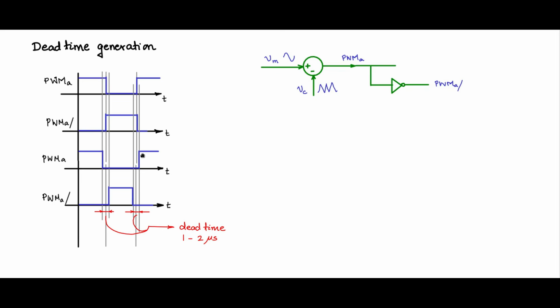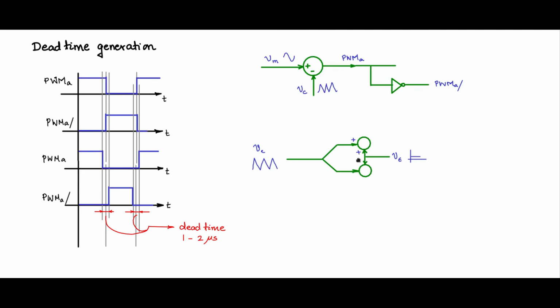But let us now generate with a scheme which will give you this dead time generation inherently. So let us first have this carrier. Now this carrier is translated. Let me have this V epsilon, a very small DC voltage, which is added and subtracted to this carrier.